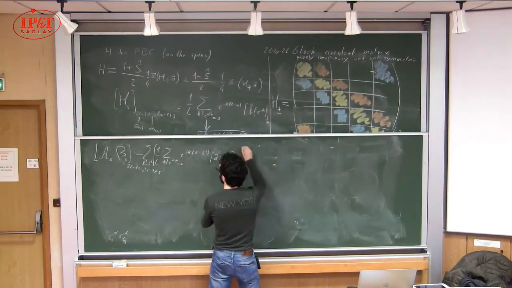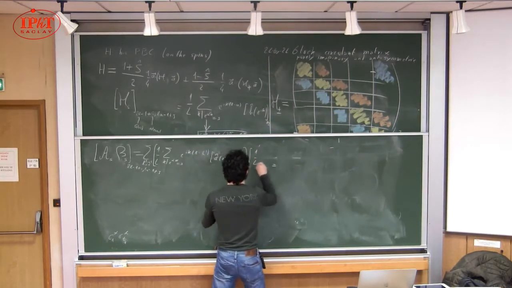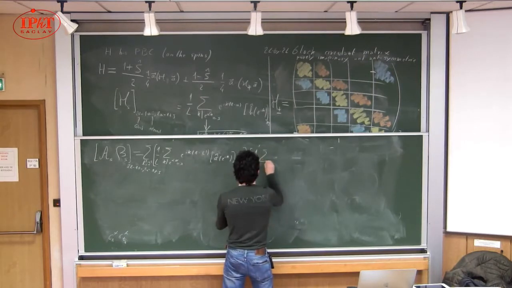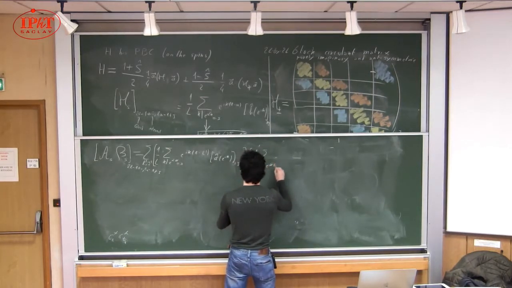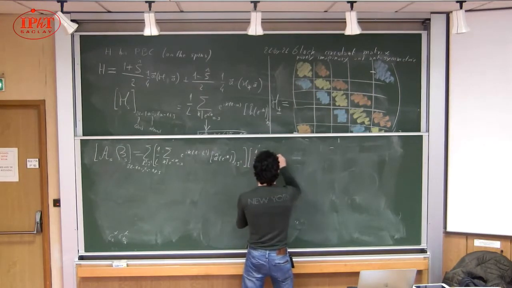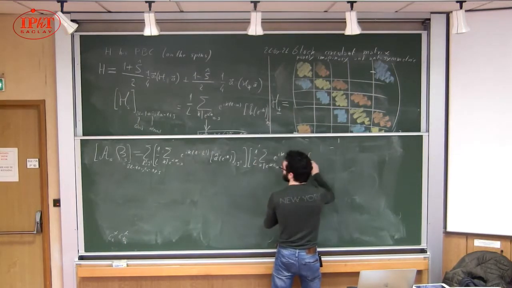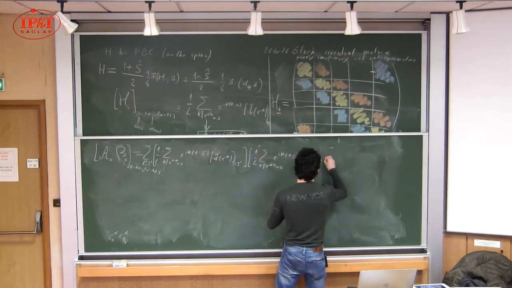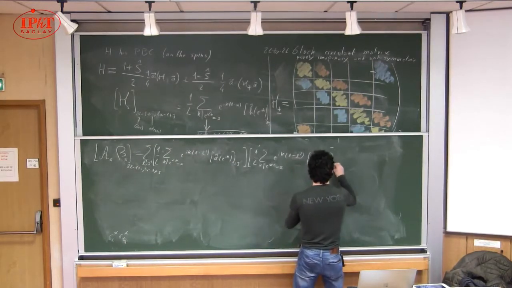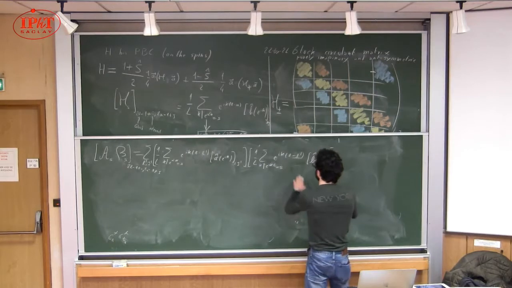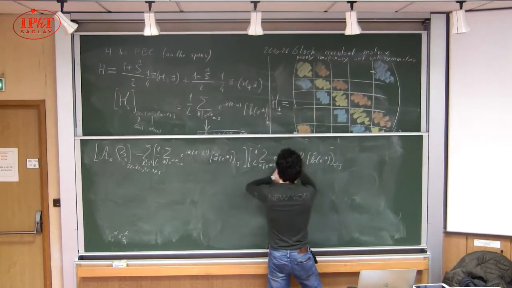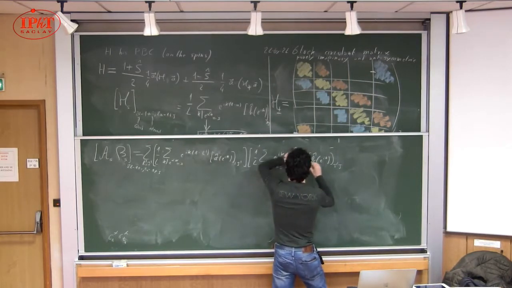Then here you will have the other matrix, which is 1 over L sum over k with the same boundary conditions, e to the i k (l minus l prime), and then you have here B of k, j prime j, l prime minus n.